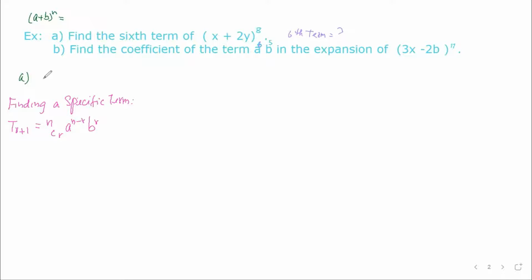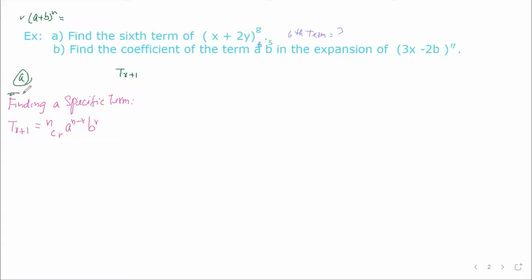Now we start to work on question A. Instead, we are going to expand by using this formula, right? I will use this specific term formula for question A. So question A is this one, right? So we write the formula down first. T R plus 1.